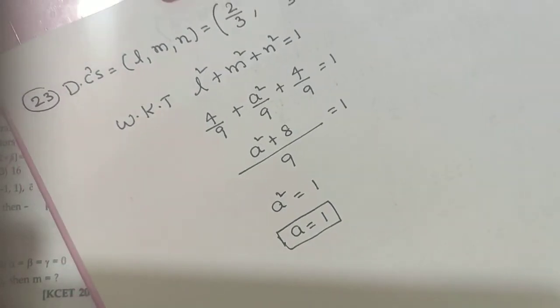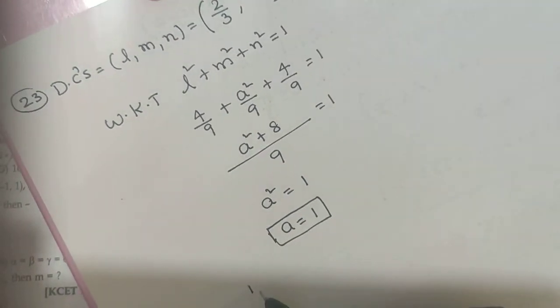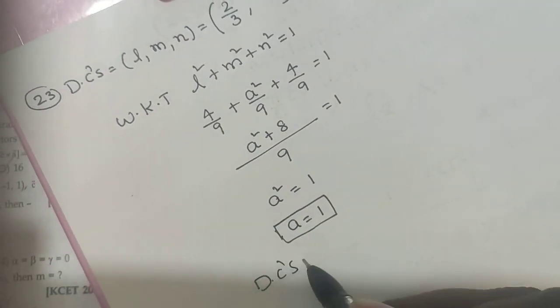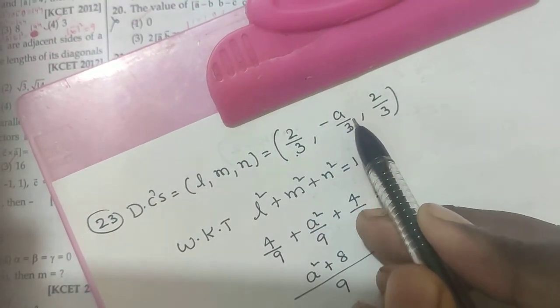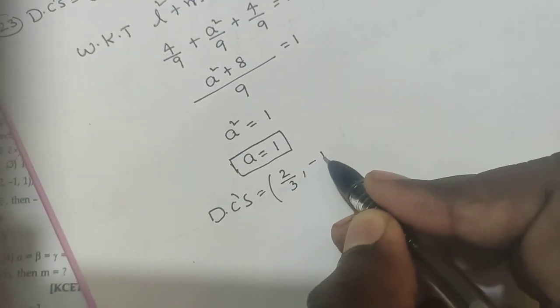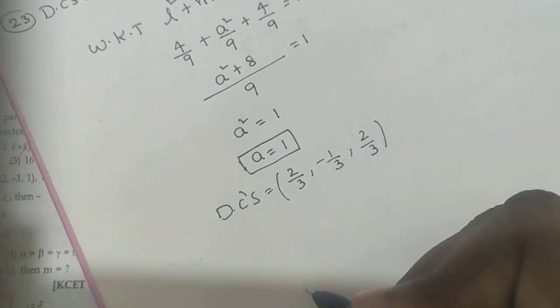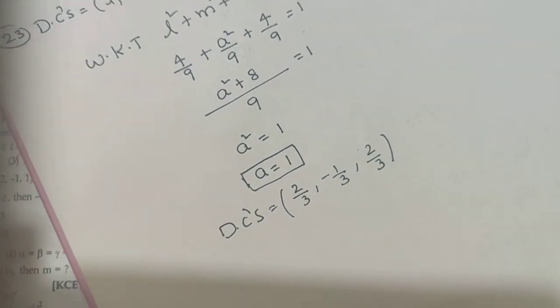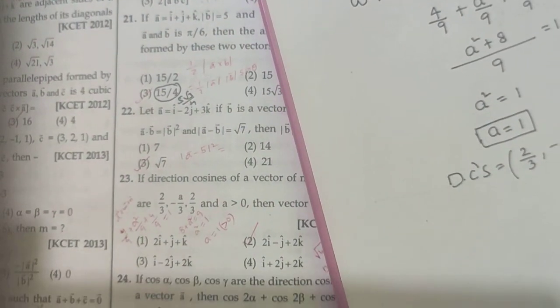Then finally, if A value is 1, then what about DCs? Here you substitute A value: 2 by 3, minus 1 by 3, 2 by 3. In options, for each option the DCs are this, that we will check. Now we will check the first vector.